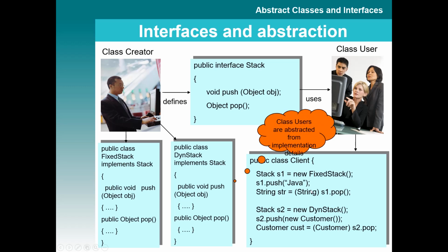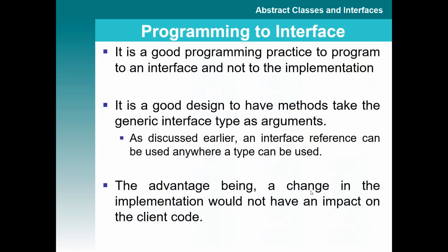So class users are abstracted from the implementation detail. So as much as possible, whenever you make use of classes which implement interfaces, the references that you create should be of the interface type, even though at runtime the object could be of the concrete classes which implement the interface.